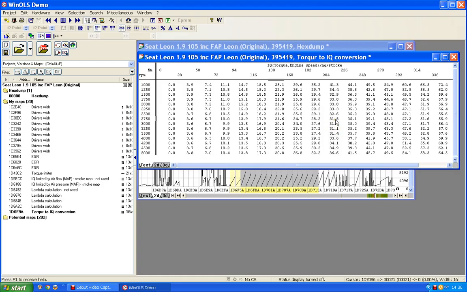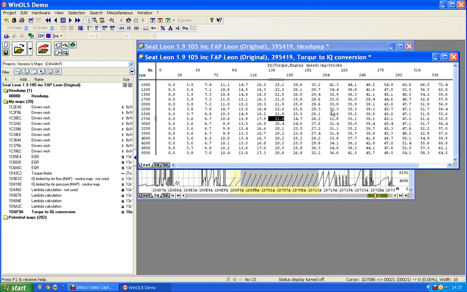If we want the same torque but we want more revs per minute, then we have to inject a little bit more fuel. But whereas lots of the maps that we look at, especially for tuning purposes, are limiting in some way, this one simply is a conversion. So it will just give us a value in one form and change it into the same value but in a different form. So we just go from torque to injection quantity.